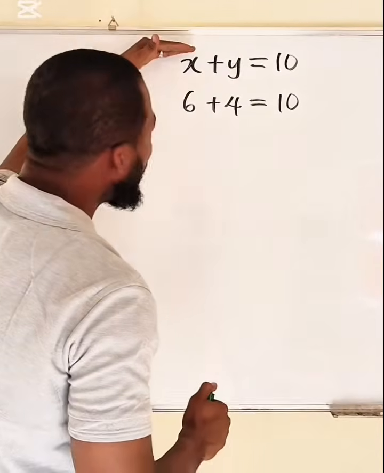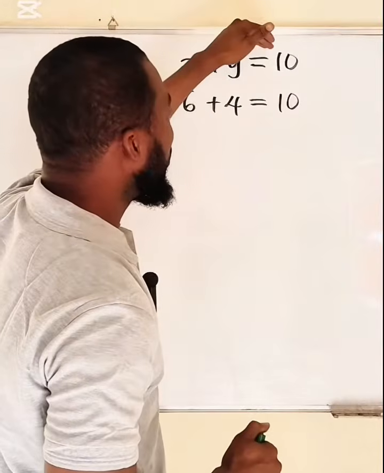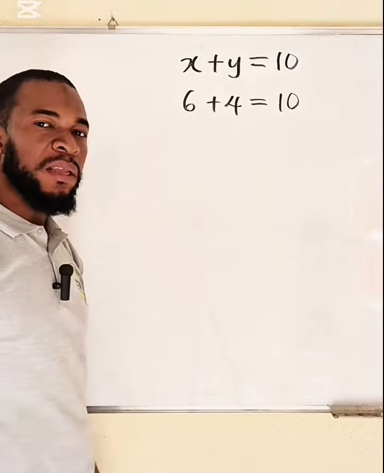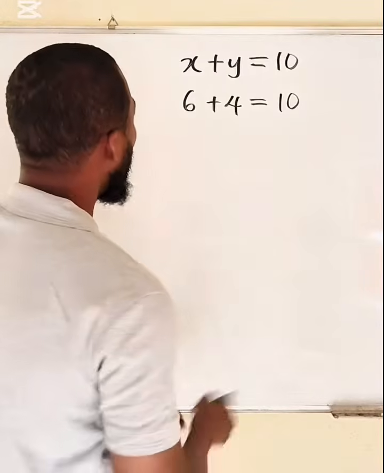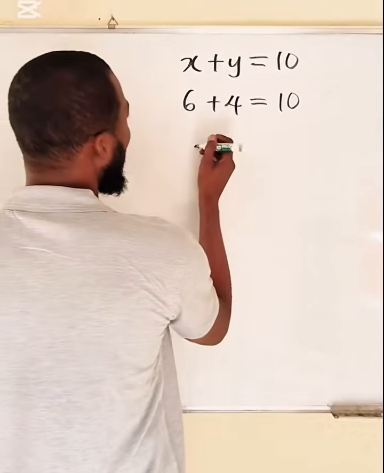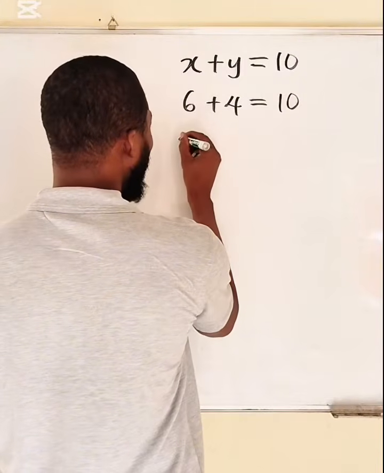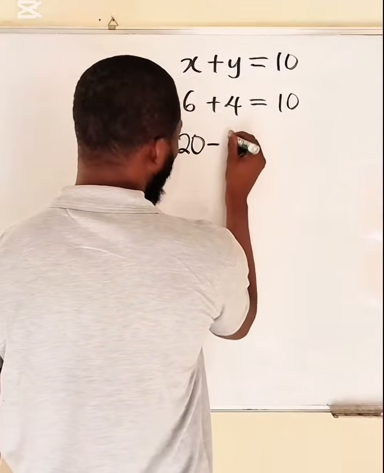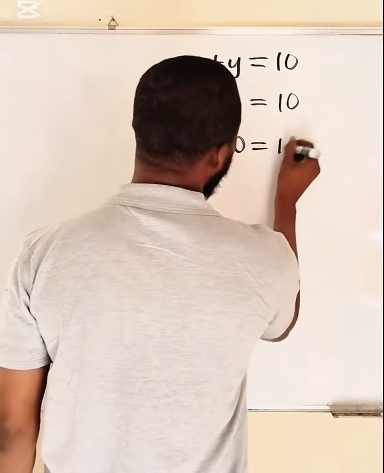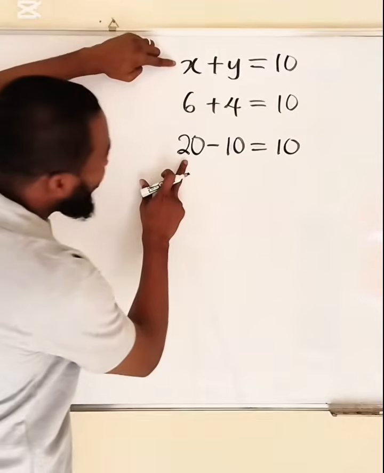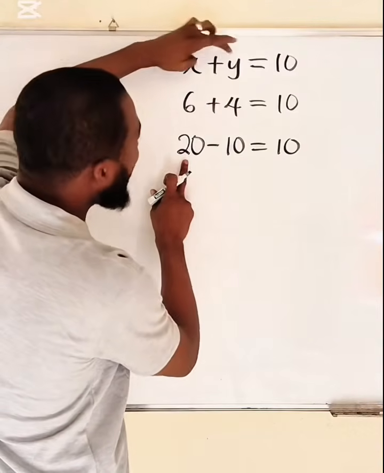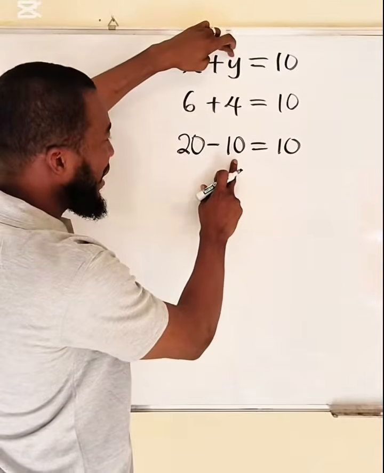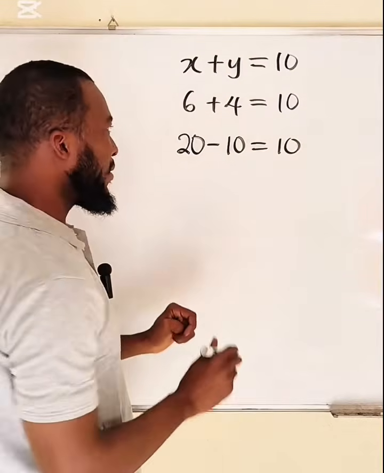How many combinations of x and y do we have that can give us 10? Infinitely many. For example, I think I can say that 20 minus 10 is also 10. When x is 20 and y is minus 10, then the result will be 10 again.